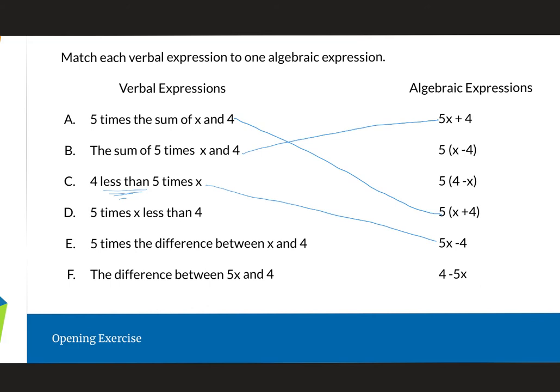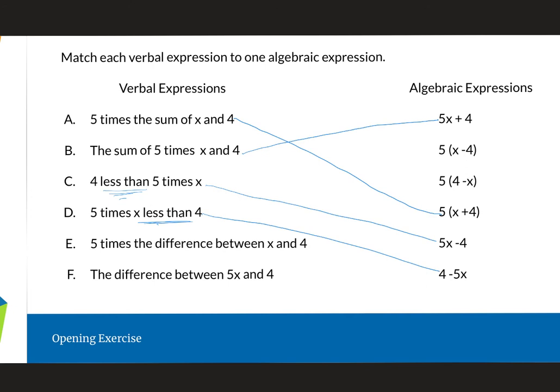If we look at D, we have 5 times x less than 4. All right, so again, we have that less than, that turnaround word that's telling me that 5 times x is going to be less than 4, so I'm taking 5x from 4. All right, so for E, we have 5 times the difference between x and 4.